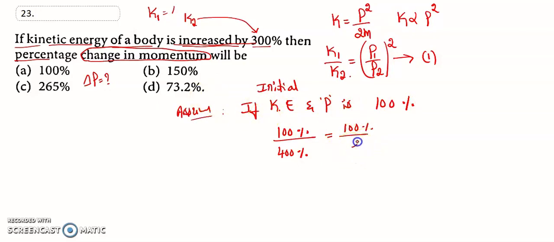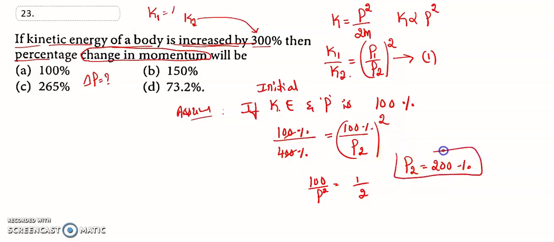So P2 is not known, you have to calculate P2, that is equal to what? Whole square. So now 2 gets cancelled. So 100 divided by P2 is equal to 1 by 2 when the square root is removed. So then P2 is equal to what percentage here? 200%.